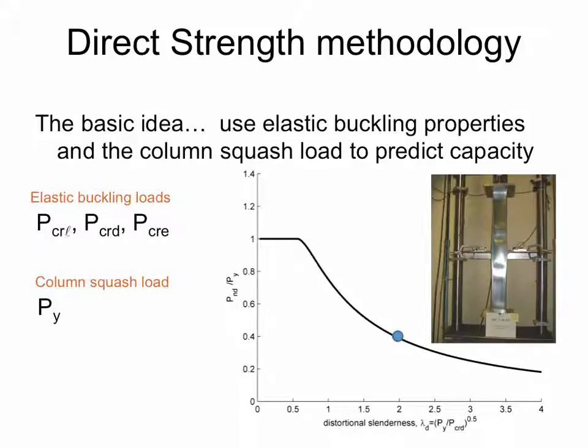And you all are familiar with the column curve. The column curve uses the Euler buckling load to calculate the capacity of a column. So if your Euler buckling load is really low, then the capacity of your column converges to that Euler buckling load. For the column curve, we're usually thinking global flexural buckling, Euler buckling.